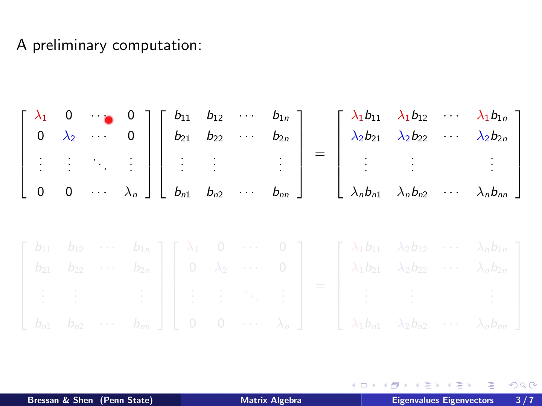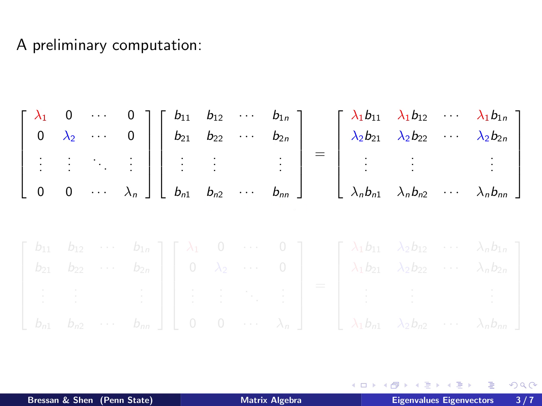You can just carry this out by computation of the matrix multiplication. This row times that column, the inner product, will give you this element, and you see it's just lambda 1 times b11. You can easily verify that in the first row of the product, all the elements are multiplied by lambda 1, and they're taken from this matrix.